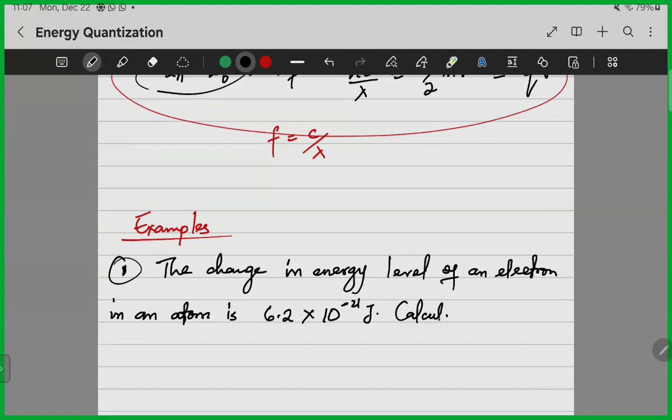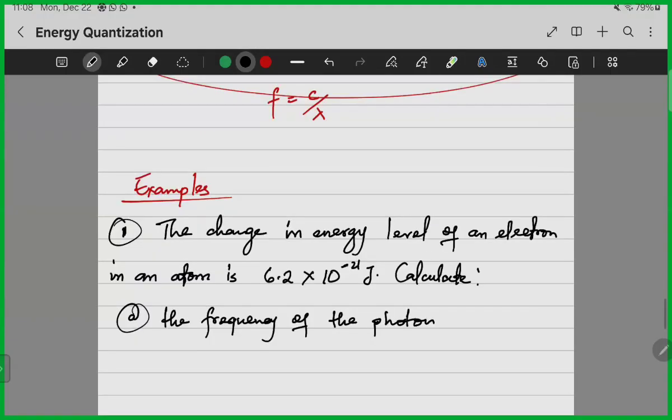Calculate the frequency of the photon, and the wavelength.